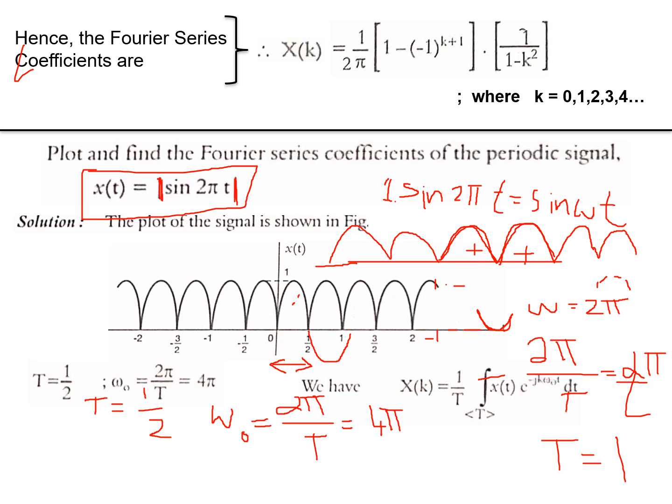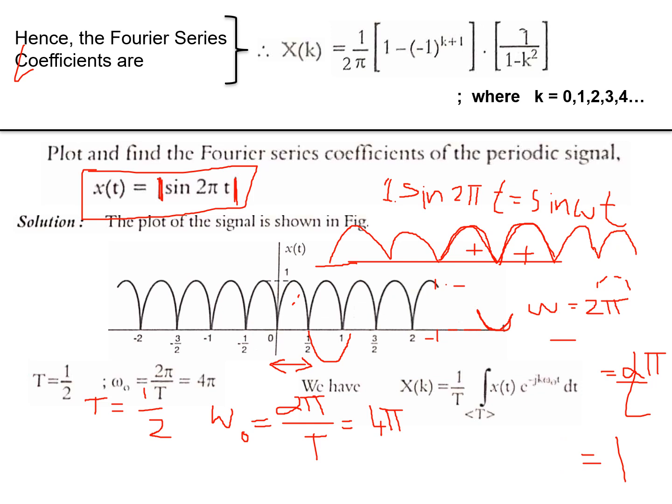The equation of the signal is anyway given here. X of t, directly they have given, no? I'll erase this first. See, you already know this formula.